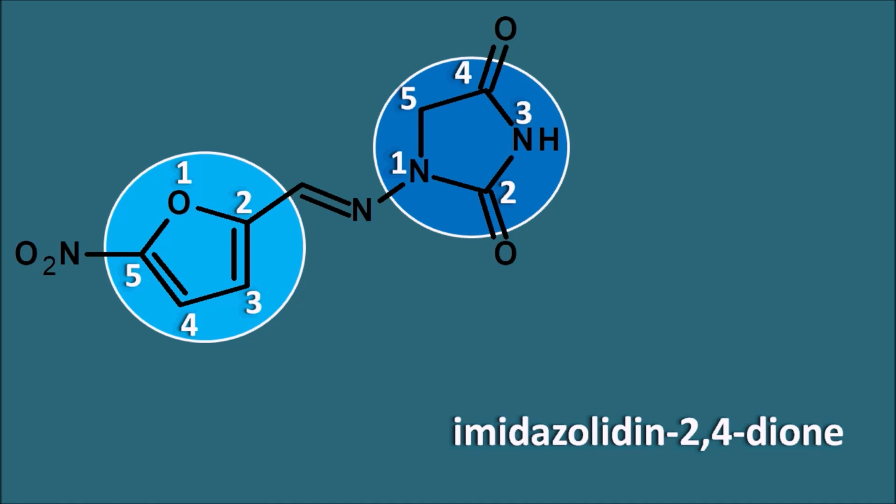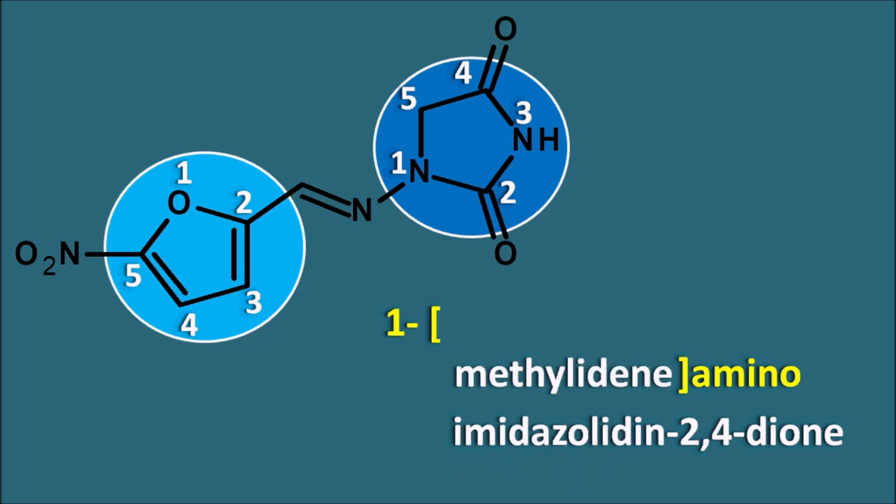Now this imidazolidine 2,4-dione is attached by an amino group at the first position. So we can add one amino. This amino group is attached to a carbon by a double bond. When the carbon is attached by a single bond, it is called methyl. But when it is attached by a double bond, it is called methylidine. So now this amino group is attached to the methylidine.